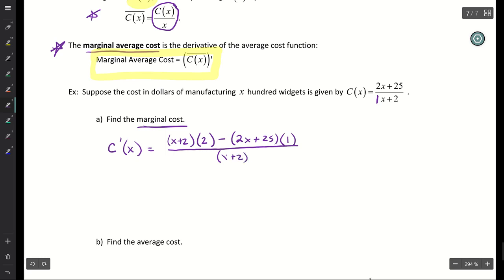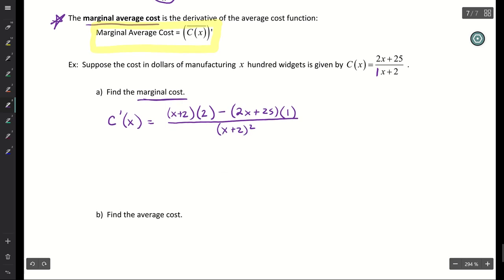All right, we're going to go ahead and simplify this down. Notice over here on the second part, we're multiplying by 1, so the 1's not going to affect anything, so it's safe on this part to eventually just distribute that negative. On the first part, it looks like we're distributing a 2. So we have 2x plus 4, and then minus 2x minus 25, and then all over x plus 2 all squared.